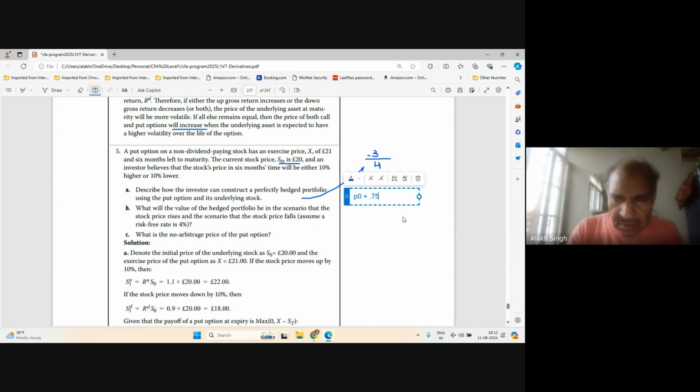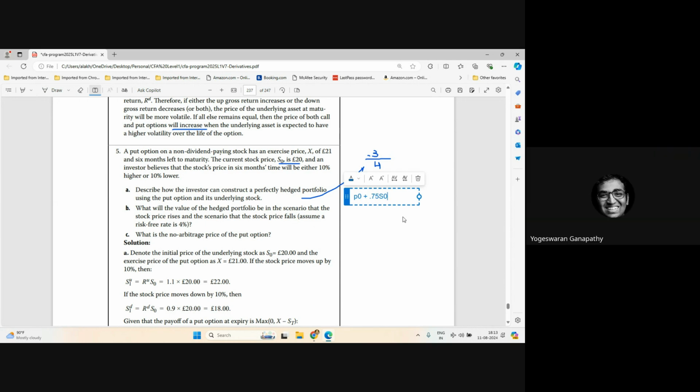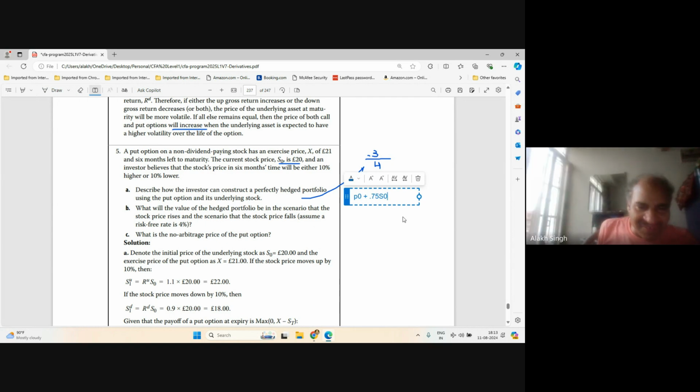So we know for sure that it will be more than 15 because 0.75 times 20 is 15. So 15 plus P0. So how to calculate P0? That again we will have to use the put-call parity.